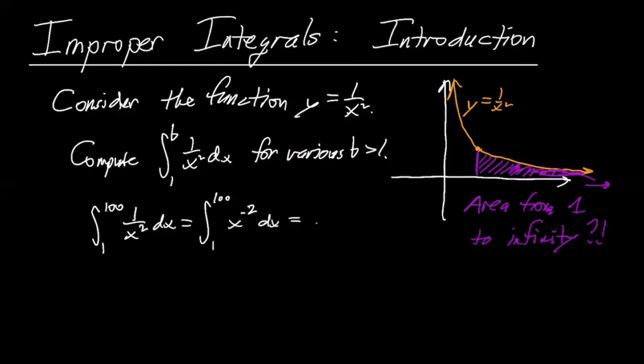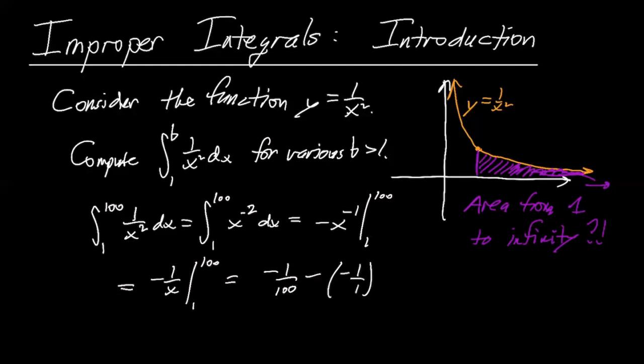So that's negative x to the minus 1, remember, which is negative 1 over x from 1 to 100, which is negative 1 over 100 minus negative 1 over 1. So that's actually 1 minus 1 over 100, which is 99 over 100.